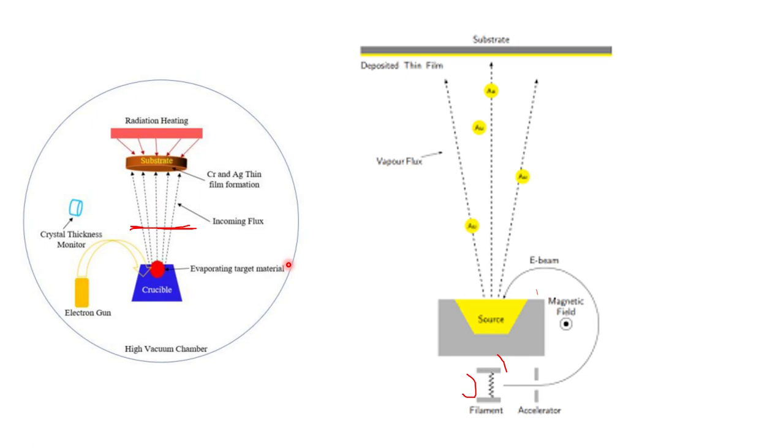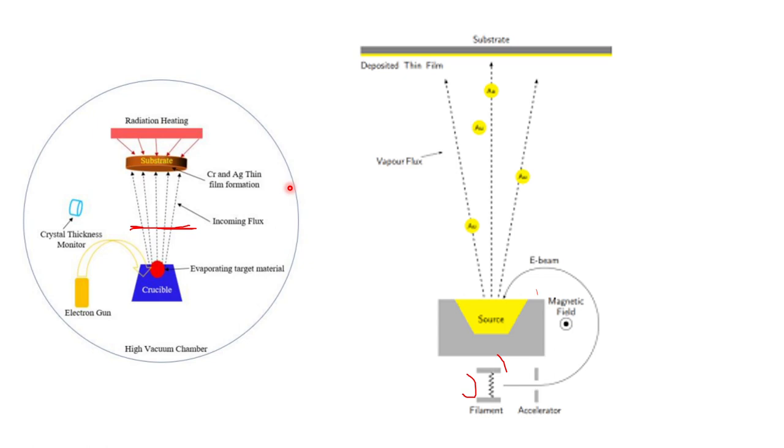In every evaporator chamber we'll also have a crystal thickness monitor. We need to know at what rate the deposition is going on, so we use the crystal thickness monitor to find the deposition rate. Another important thing: this is physical vapor deposition, so first we have to melt the material in the crucible and make it into vapor, then allow the deposition to happen.